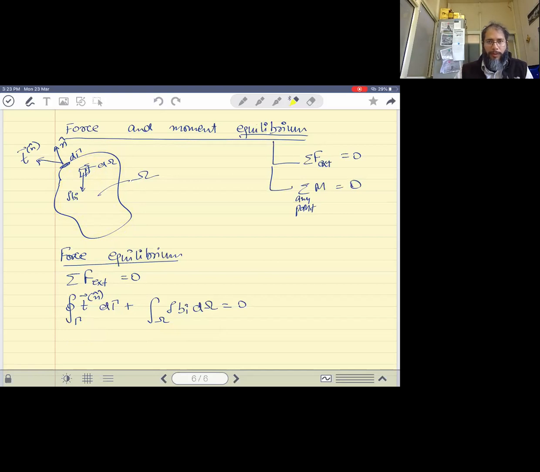All right. So now we can use the Cauchy stress formula. That is, we can write the traction vector in terms of the stress tensor. And we can also apply Gauss's theorem, the Gauss divergence theorem. That helps us convert the first integral into a volume integral.